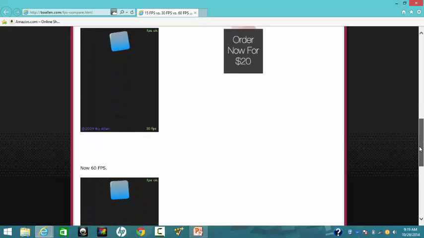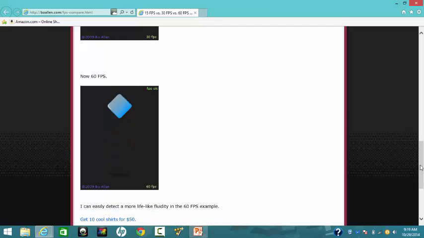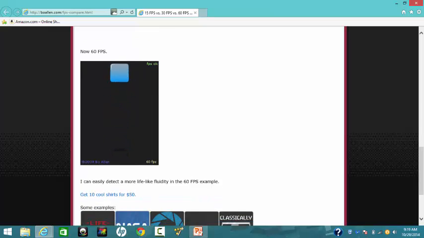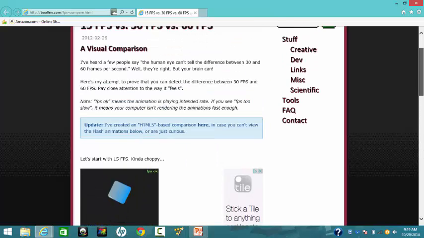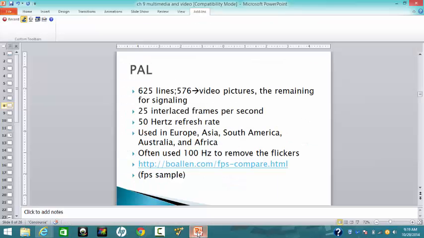And now the next one, which is 60 frames per second, is way smoother. It's more fluid. You can easily detect more lifelike fluidity in the 60 frames per second example. Like it says there, the human eye cannot tell the difference between 30 and 60, but your brain can, especially if you compare 15 frames per second to 60 frames per second.